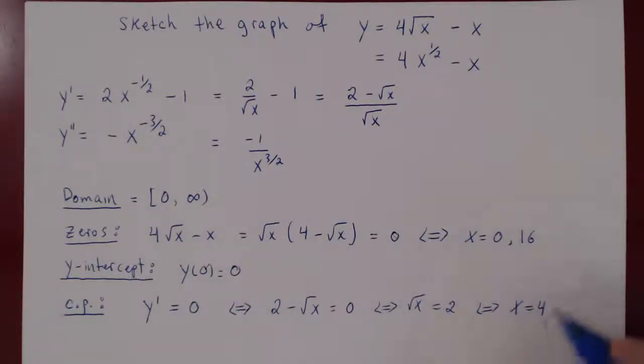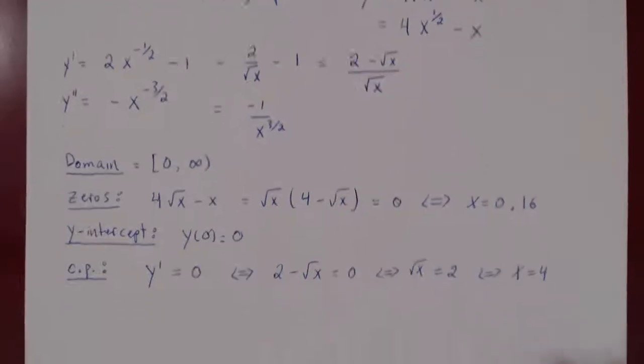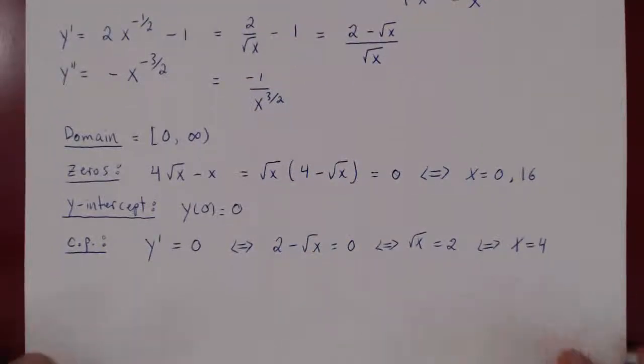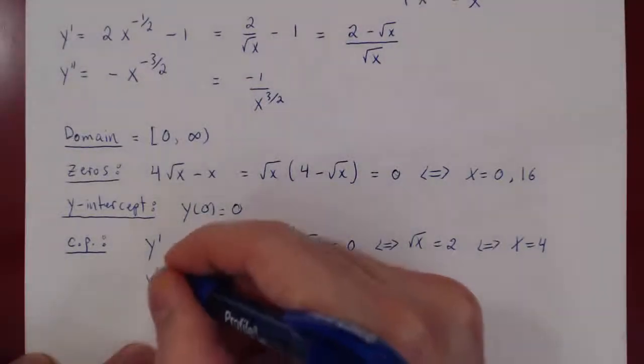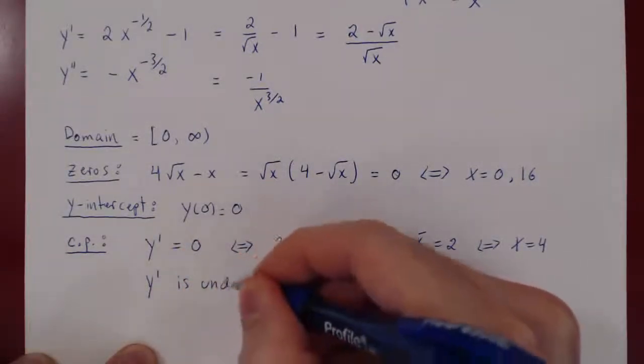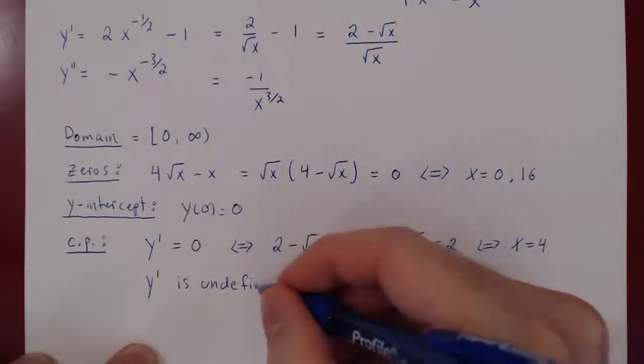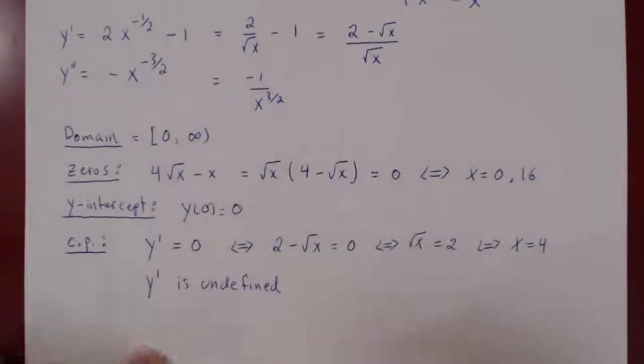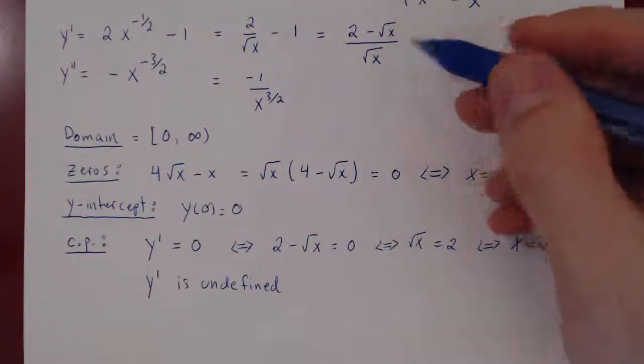So x is equal to 4 is a critical point since the derivative at 4 is equal to 0. And it's a critical point of the type that the derivative is 0. Therefore, at x equals 4, the tangent line will be horizontal. But we have another critical point, which is different, coming from the derivative being undefined. Again, the derivative is a fraction.